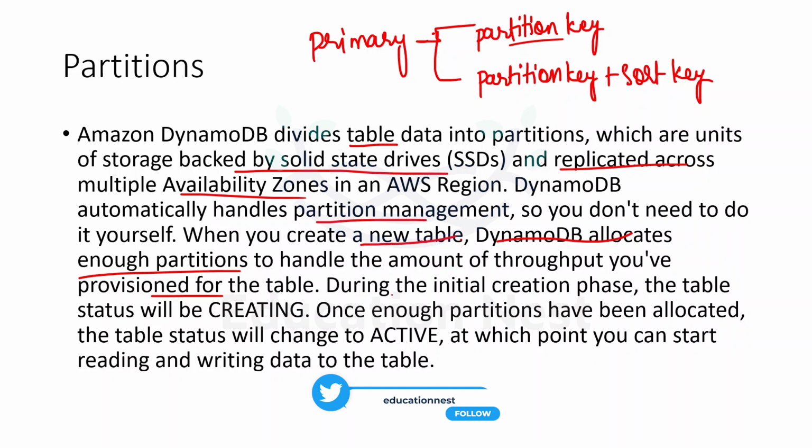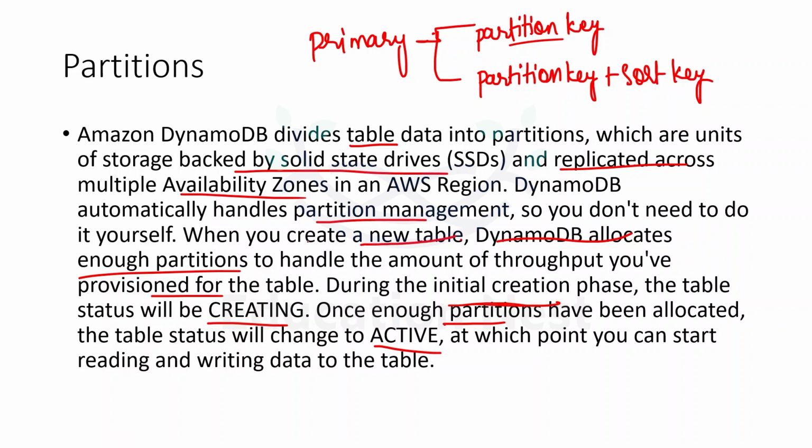During the initial creation stage, the table status would be creating, because we need to allocate enough partitions. After the partitions have been allocated, the table changes to the active state, where you can start reading and writing data into the table.